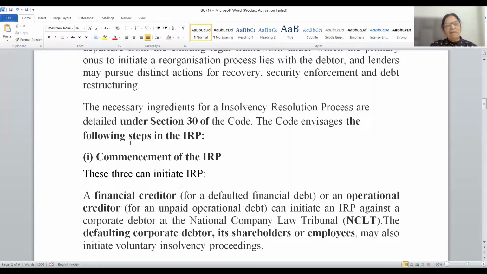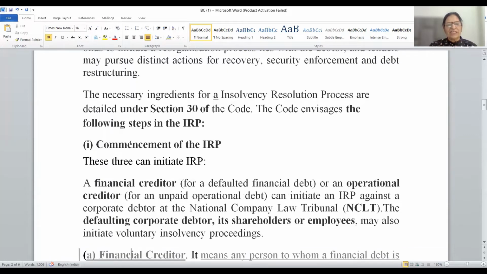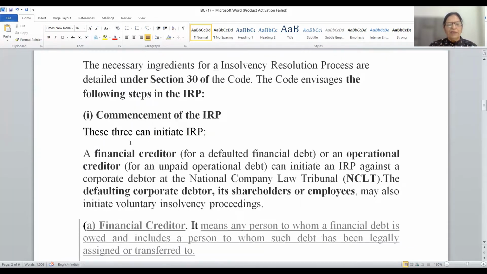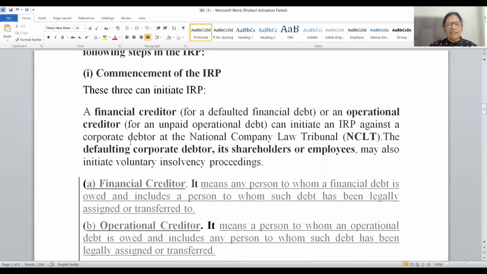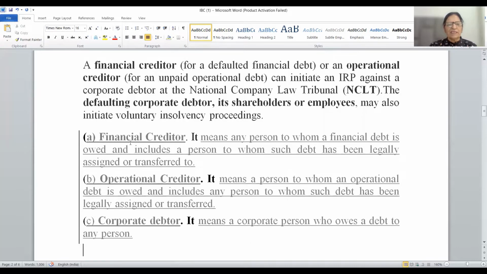The very first step is, friends, commencement of the IRP. Now, who can initiate this IRP? There are 3 parties who can initiate this IRP. First is the financial creditor, second is operational creditor, and third is corporate debtor.